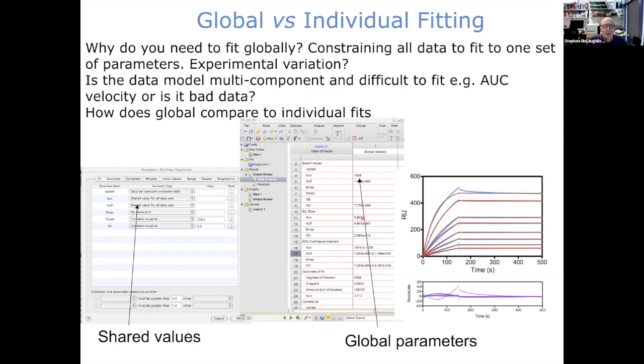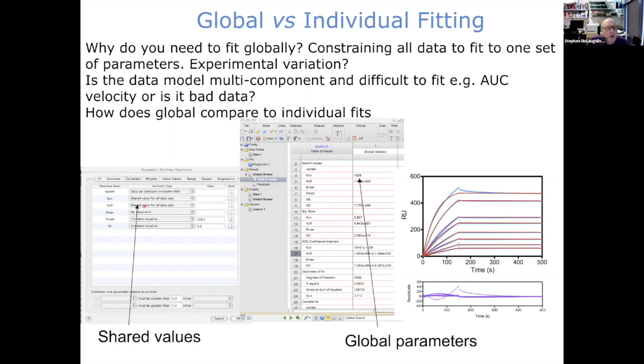So it's always good to look at all the individual parameters across all the different concentrations. For some parameters you're only going to get one shared parameter, but you can have a look at the amplitudes and the variation in other ones.